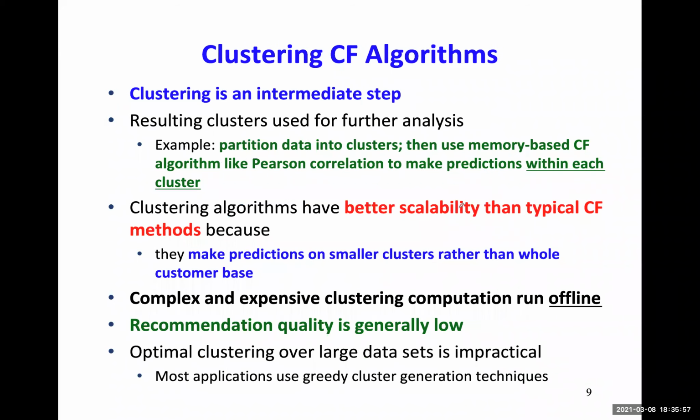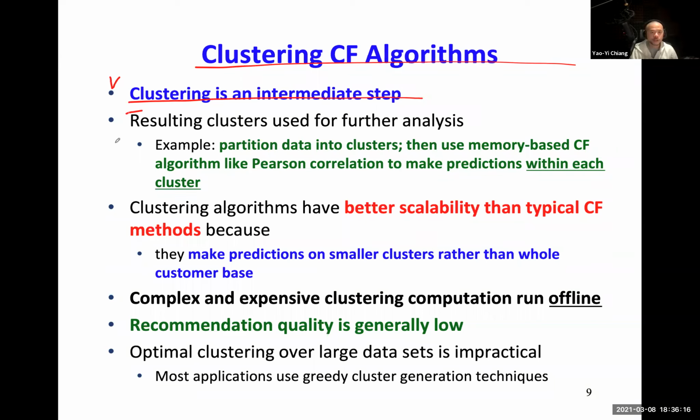All right, so in the clustering CF algorithms, we actually just take your user data or item data and perform a clustering algorithm based on your defined similarity matrix. But this clustering is just an intermediate step. Once you have the clustering, you take it for further analysis to make the recommendation.